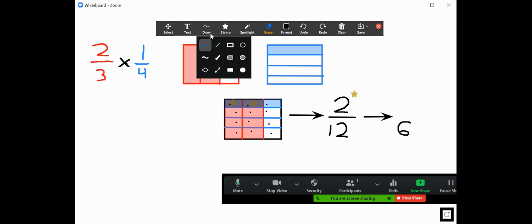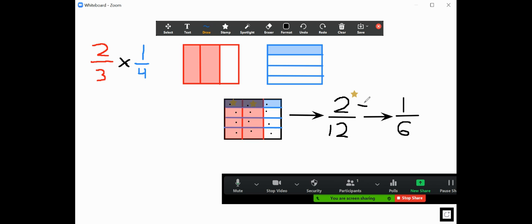That means that 1 in the numerator and now 6 in the denominator. Now you could have done this by dividing by 2, but I just wanted to show you in the model that this does in fact work. And you can see the outcome in the model. So we have our total of 1/6 as our answer.